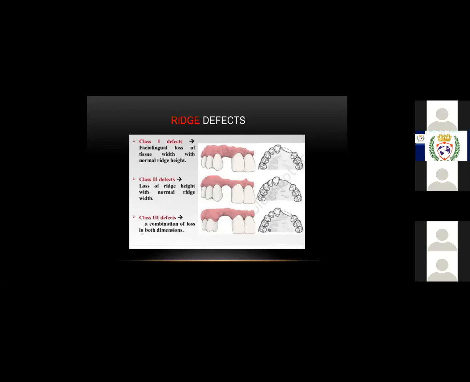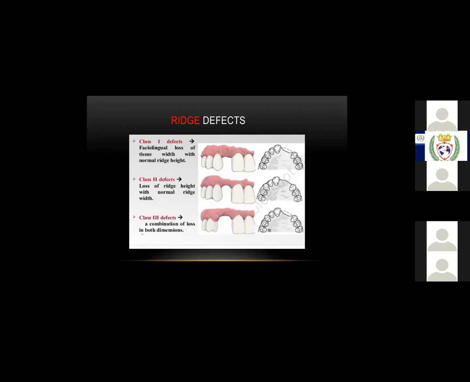In my personal experience, whenever I have a class 1 defect where height is good, width is less. So whenever I'm doing surgery, I just open up the flaps and look into the width of the bone, how much it is there, and then I place the implants. And for class 2 defects, especially in molar areas where width is good, and if there is a sufficient amount of height above the IAN canal, then you can go ahead and even sometimes do a flapless surgery, because you have a good width and acceptable height of the bone.